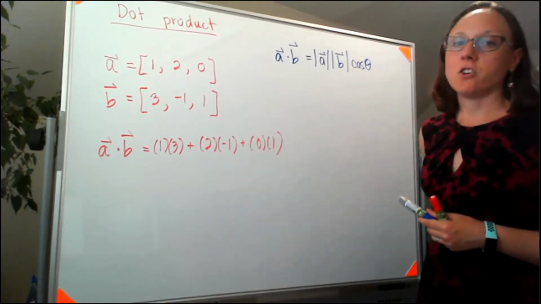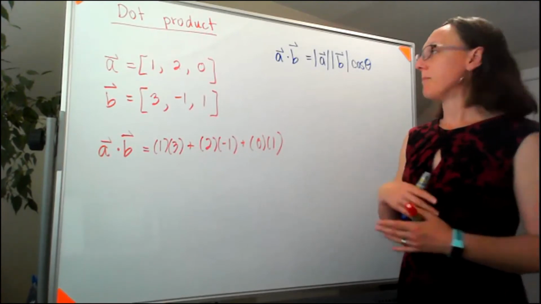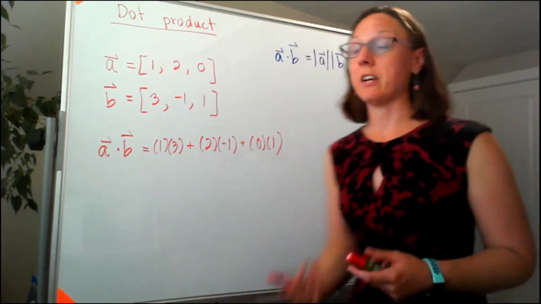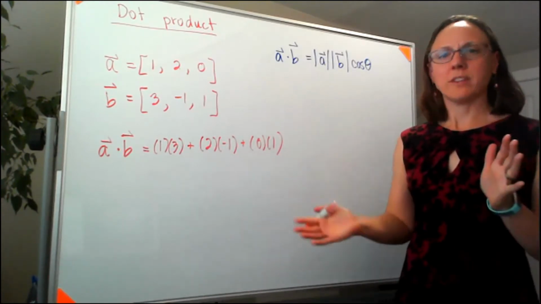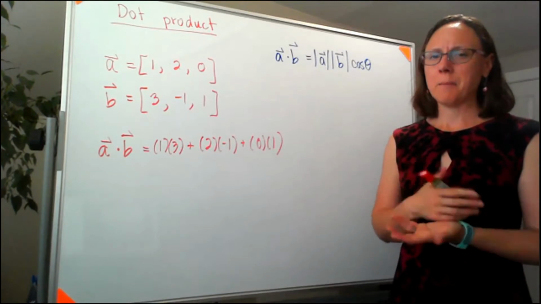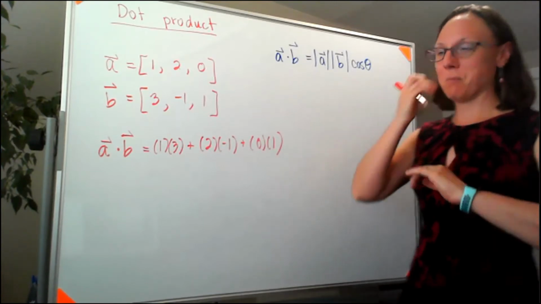What this allows us to do is to actually calculate the angle between two vectors, even if we aren't given a picture, or in this case, if it's in 3 dimensions, where trying to visualize that angle would be nearly impossible for some people.